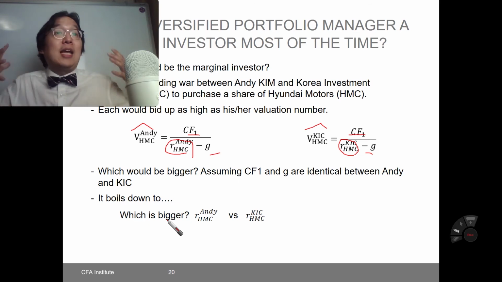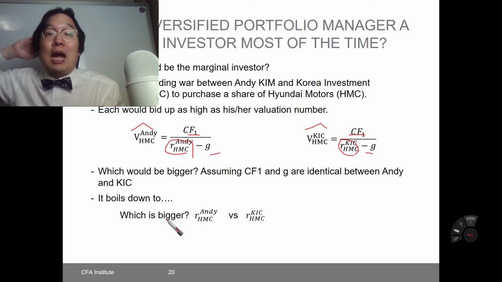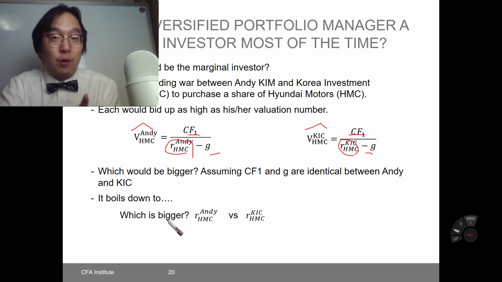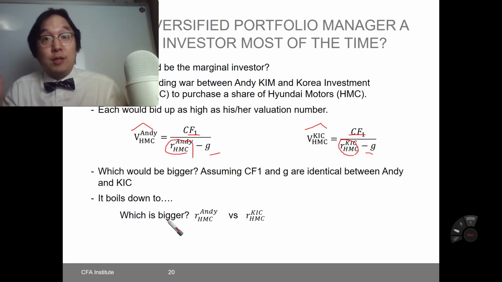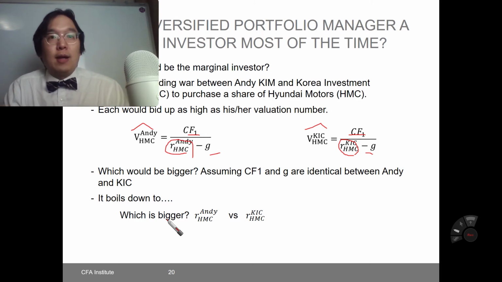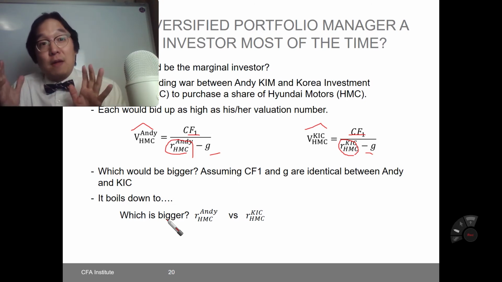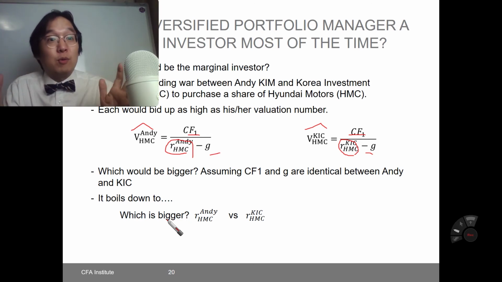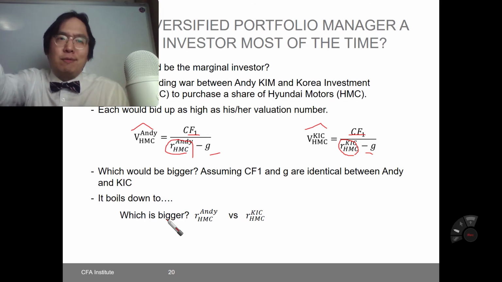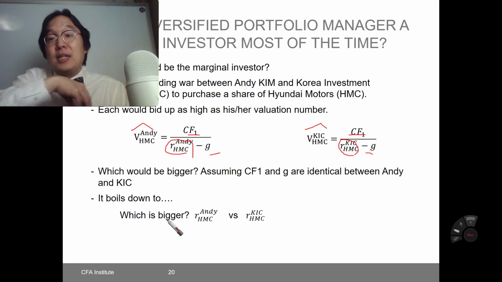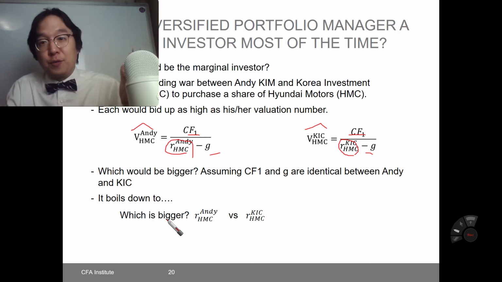I will be 100% invested in Hyundai Motors, because I'm an individual investor and I don't have much money, honestly. In contrast, KIC may have a different exposure. For example, Hyundai Motor could be just one of many hundreds and thousands of different companies that they own.